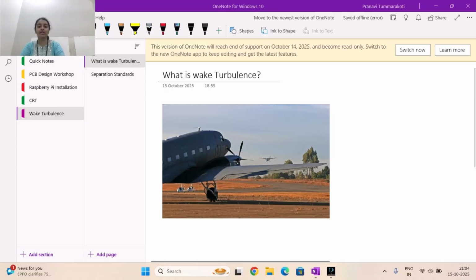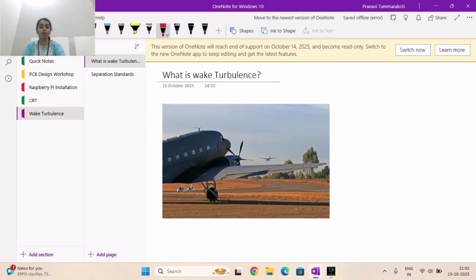Now we are going to finally use this figure on the screen. I'm going to annotate it because it'll be easy for you to understand. Now these are the wings of the aircraft, right? This is the upper surface of the wing, whereas this part below it is the lower surface. As we have learned in aerodynamics, lift is an aerodynamic force which is caused due to the pressure difference between the upper and lower surfaces of the wing.